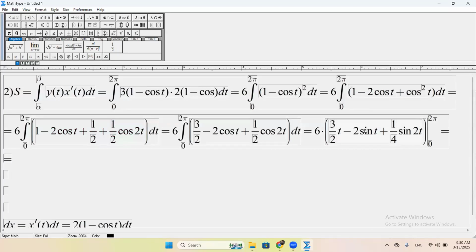Okay, sine of t and sine of 2t will be eliminated because of substitution 0 and 2p.